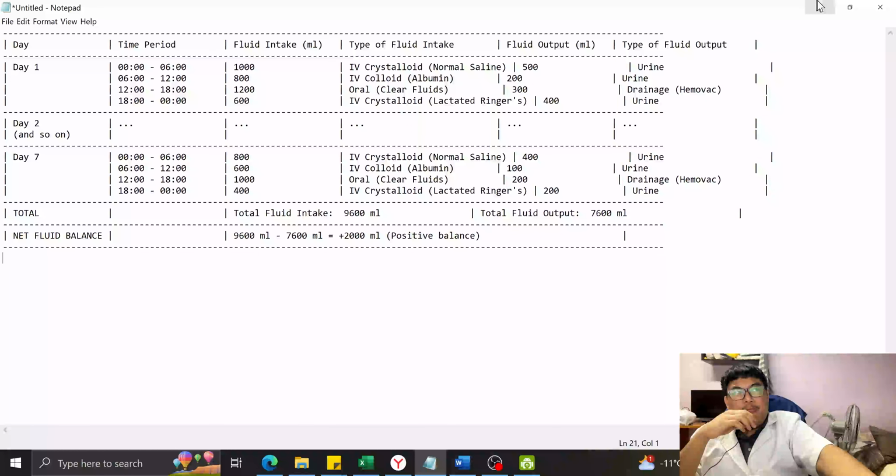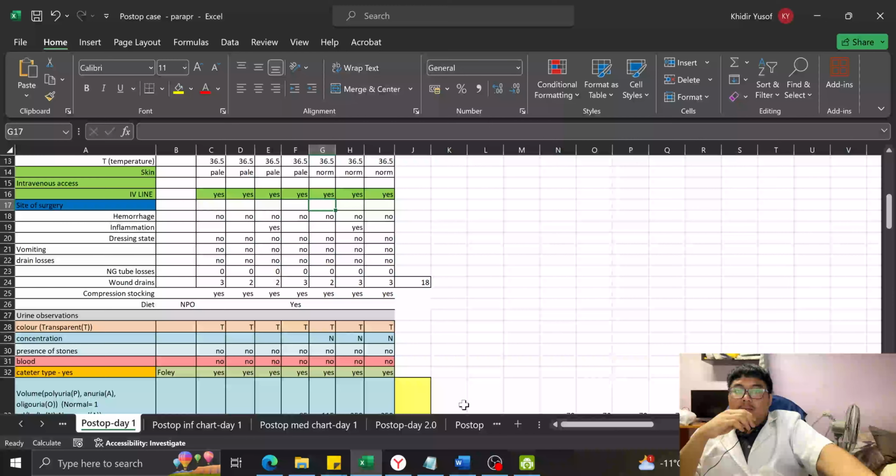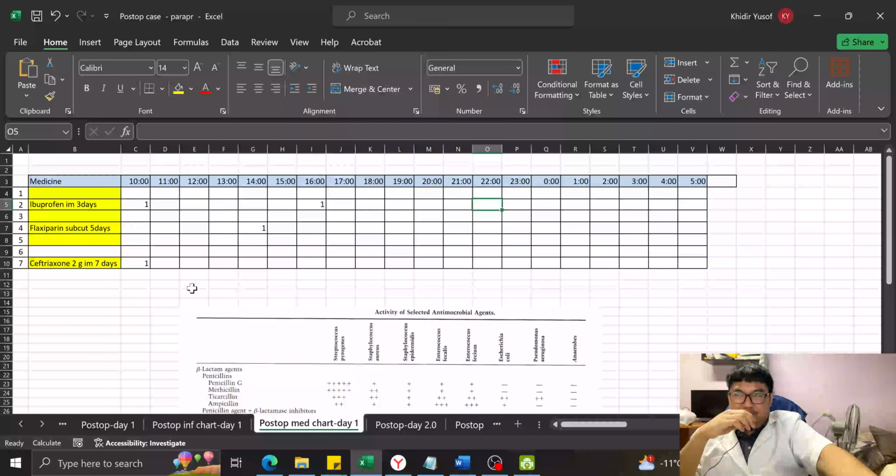And for the medication chart, for 3 days we give him ibuprofen, injected intramuscularly, to alleviate the pain. Then we give him fluxiparin subcutaneously in the abdominal region for 5 days, once a day.